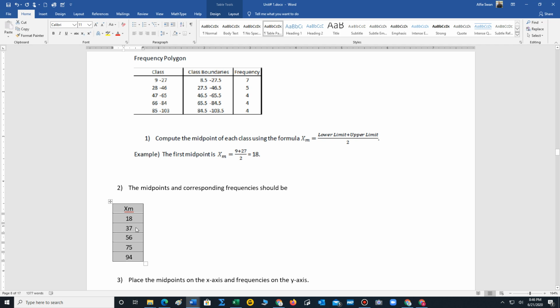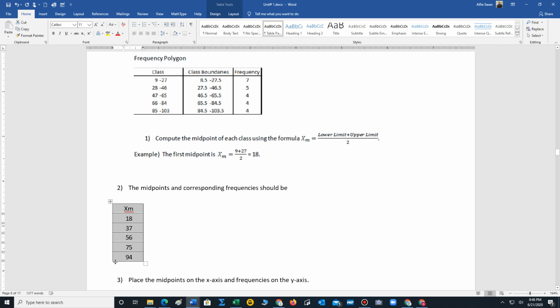That's going to give us 37. That's the second midpoint. Add 19 to 37, we get 56. That's the third midpoint. Add 19 again, 75, because remember 19 is the class width. And then finally 19 plus 75 is 94.